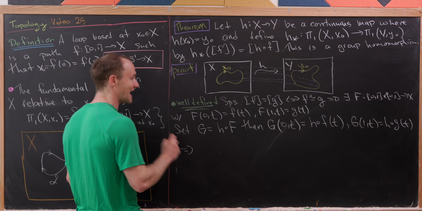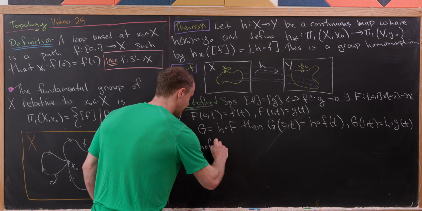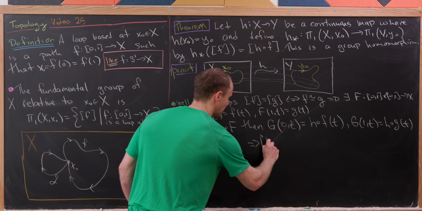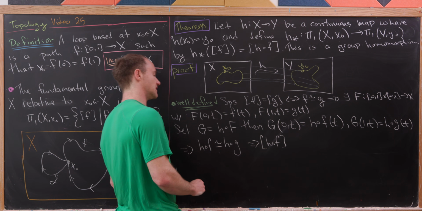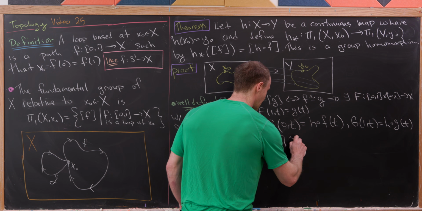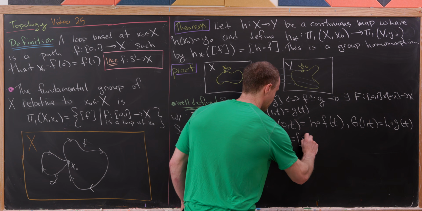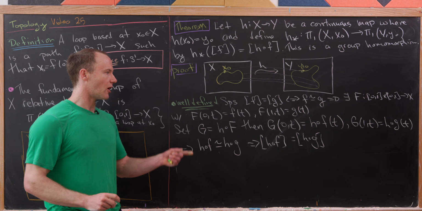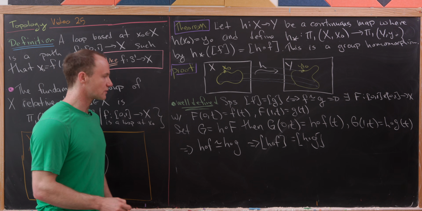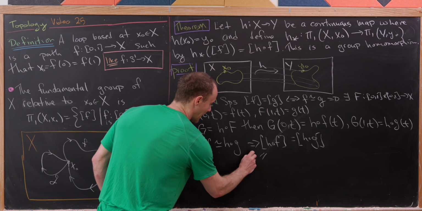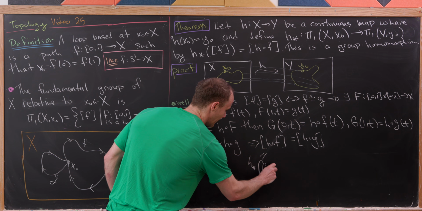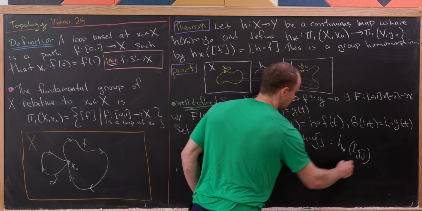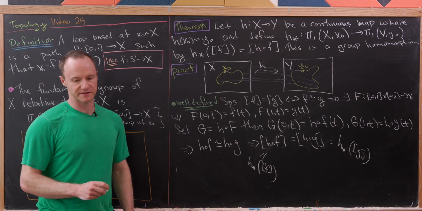So that tells us that, yes, indeed, h of F is homotopy equivalent to h of G. But that tells us that the classes are the same. So the equivalence class of H composed with F is the same as the equivalence class of H composed with G. But that means that they are equal inside of the fundamental group, meaning that we have H star of F is equal to H star of G, as needed to show that this thing is well defined.